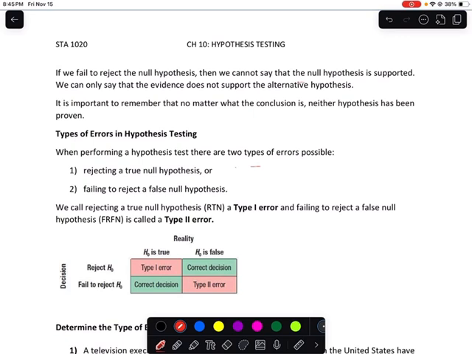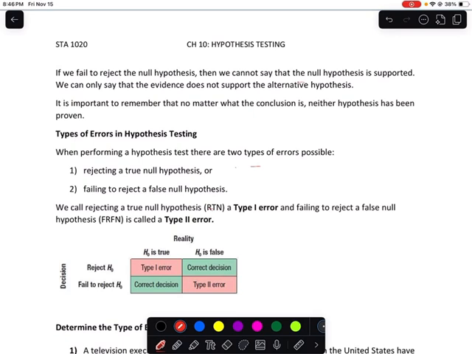We call rejecting a true null hypothesis, RTN, rejecting true null hypothesis, a type 1 error. So if we made this error, we rejected a true null hypothesis, then it is a type 1 error.